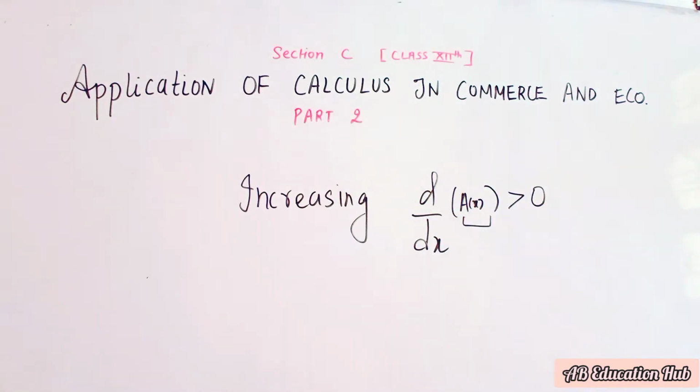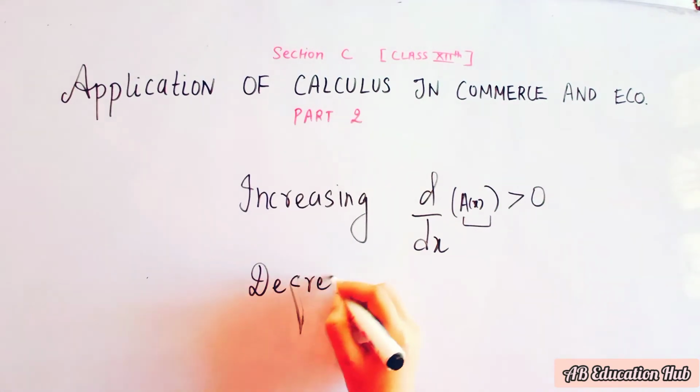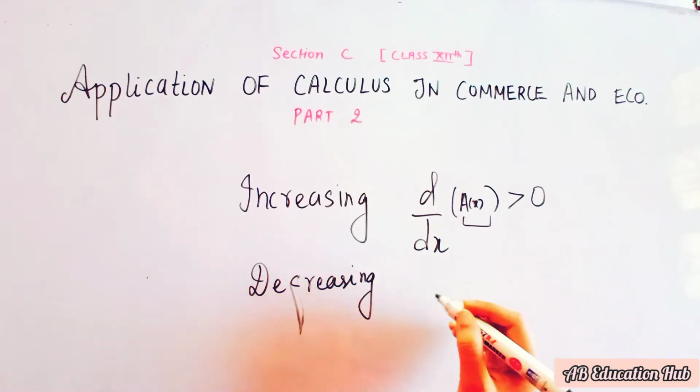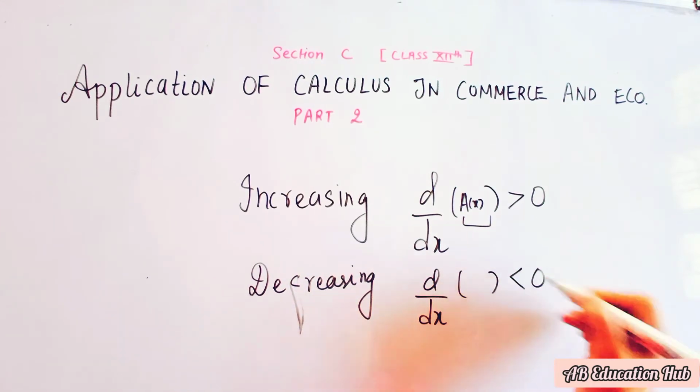You might have done this in maxima and minima also. Decreasing function means dy by dx of a particular function is less than 0.